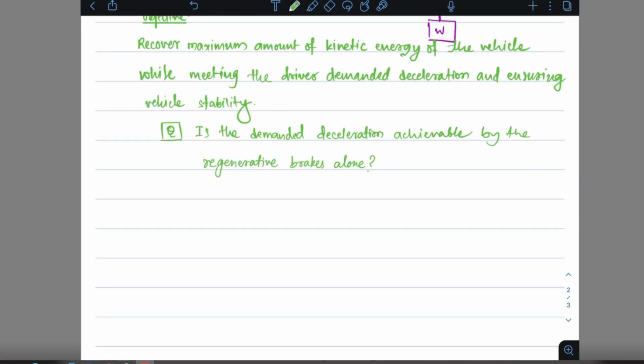If it is yes, then just use the regen. If the answer is no, include friction brakes.